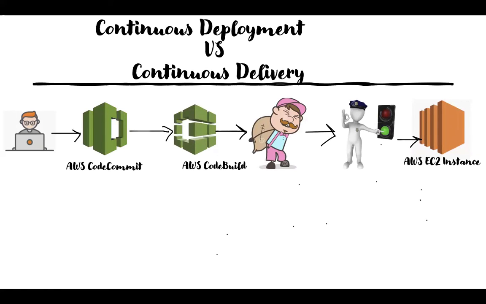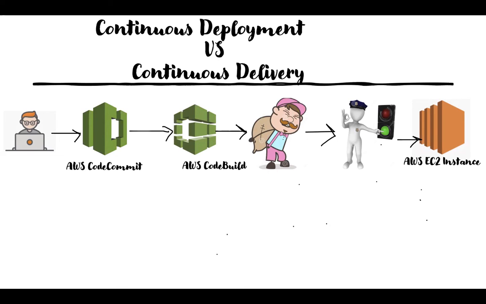Most of the time people are confused about what CI/CD is. Is it continuous deployment or continuous delivery? If we are doing any manual work, like once the build is ready and the jar or war file is ready, we manually download that jar file and ask for manager approval to move it to the production environment, it's called continuous delivery.